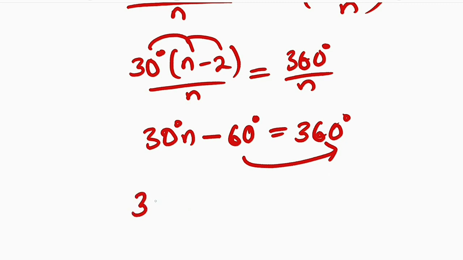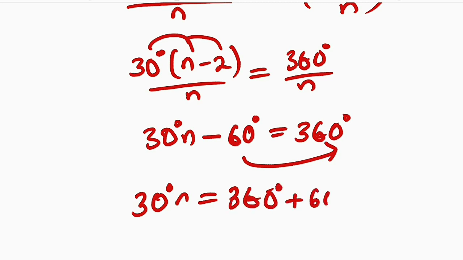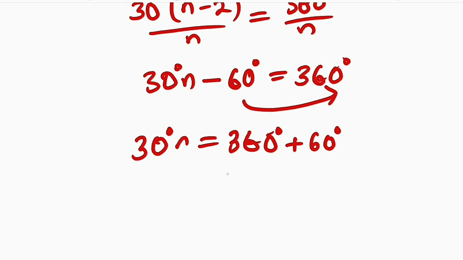If you take this one to the other side, it becomes positive. We have 30 degrees n equal to 360 degrees plus 60 degrees, which is going to give us what? 420. So 30 degrees n equal to 420 degrees.